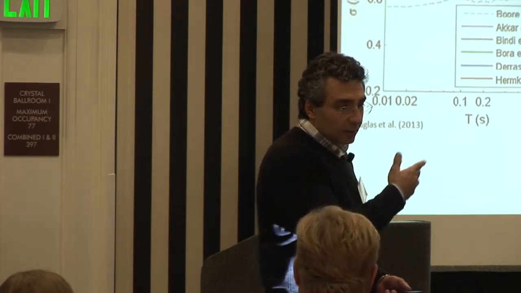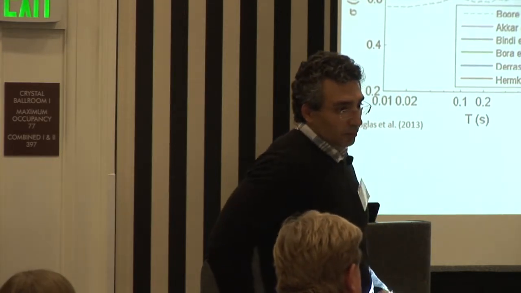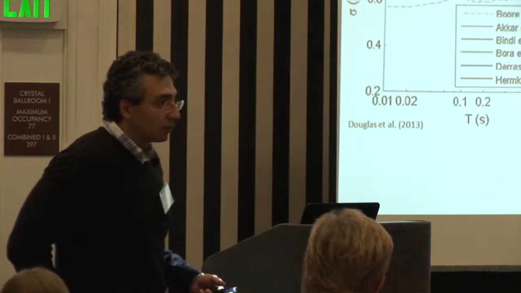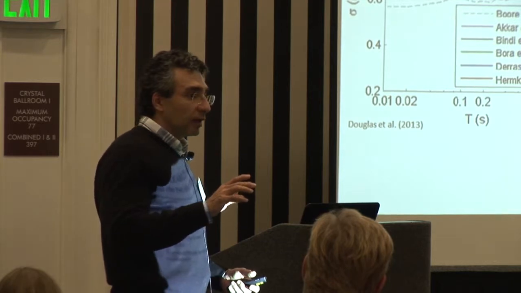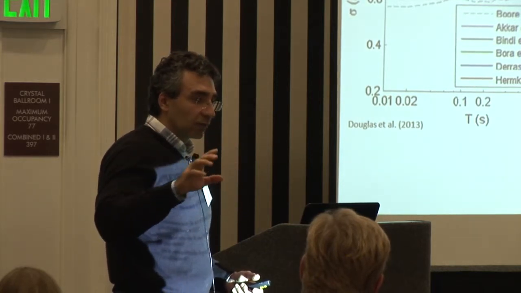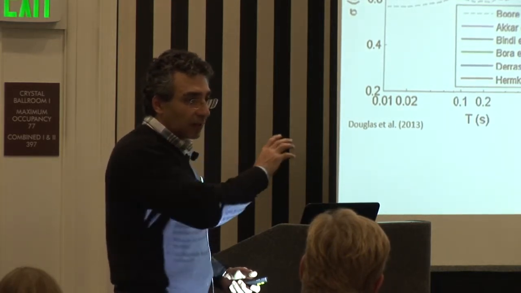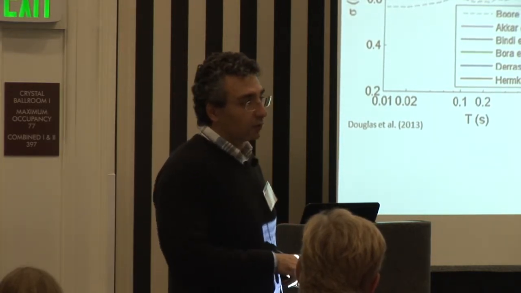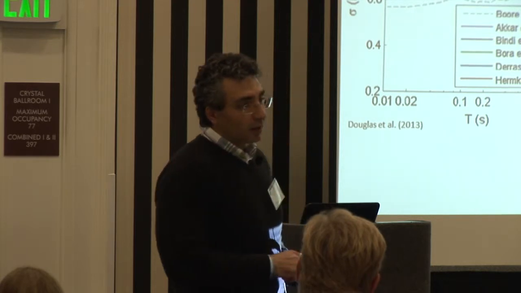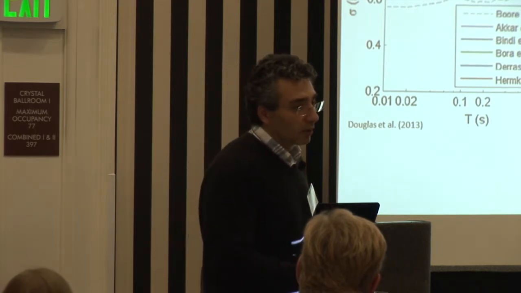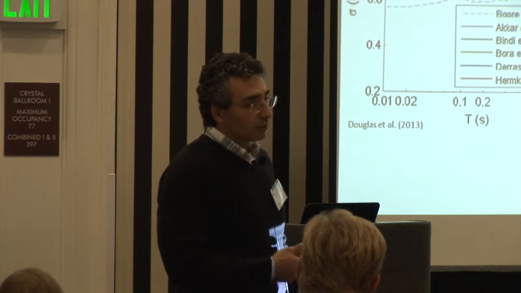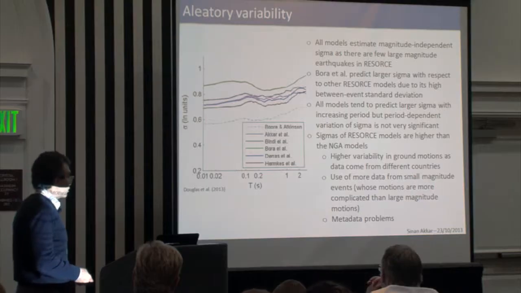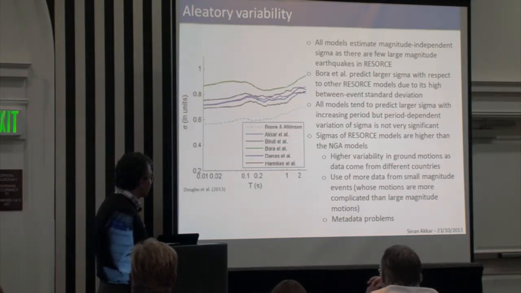But maybe Boore's model has regional differences in it too, right? They've got their global data sets. The previous NGA models mainly focused on data from California and Taiwan, whereas now we have Italian data, Greek data, Turkish data, a few Iranian data. We even have data from Algeria and Egypt. So these may be showing up in the variation of sigma.